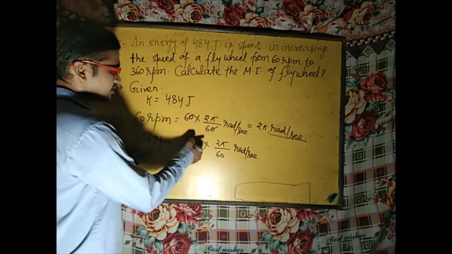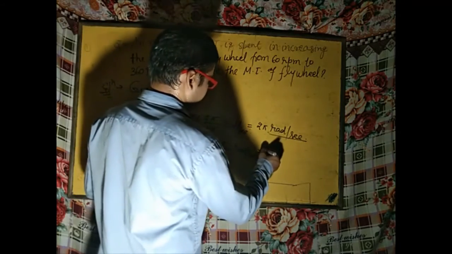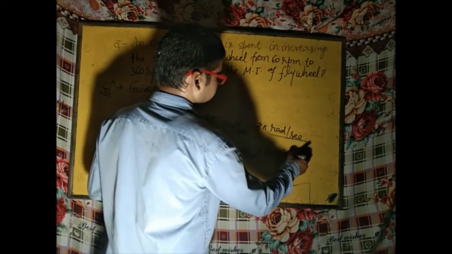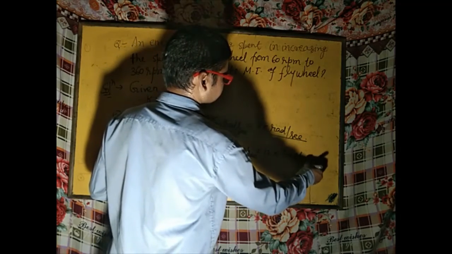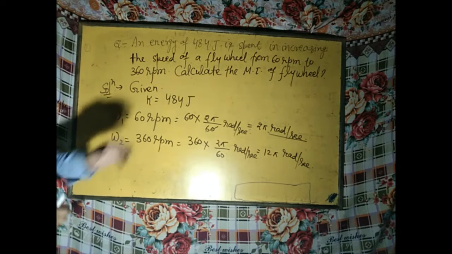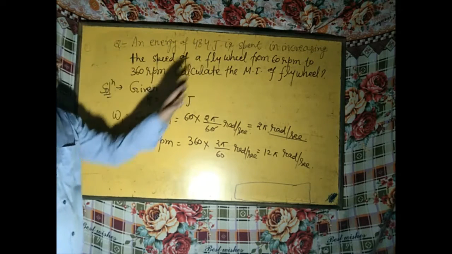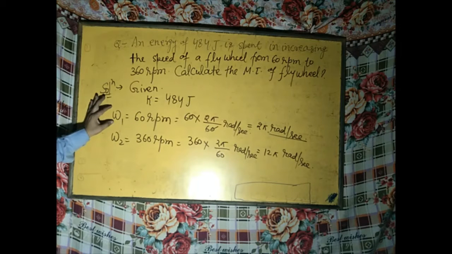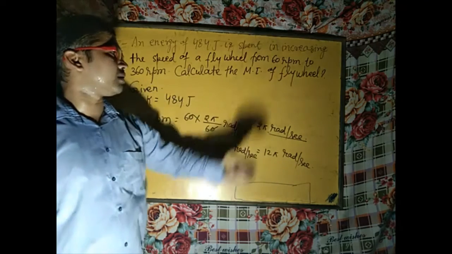So if you divide this by 6, you will get this one is 12 pi radian per second. Okay, so the given quantities are the energy, that is 484 joule, the initial angular velocity, that is 2 pi radian per second, the final angular velocity, that is 12 pi radian per second. Okay, but our aim is to find out the moment of inertia of the flywheel.